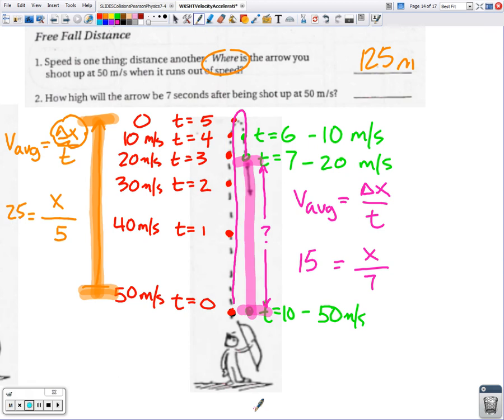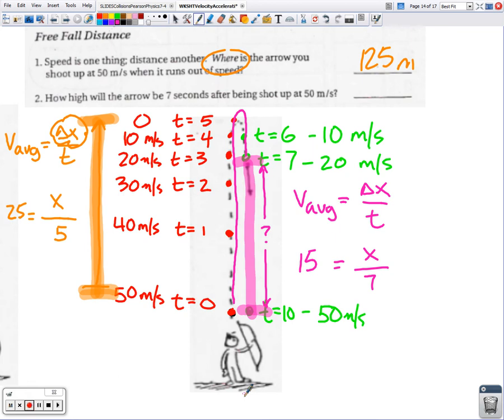Because this equation includes average velocity, not average speed. Sorry, people who are watching at home. Those are two different things. Okay? Because velocity in direction is important.